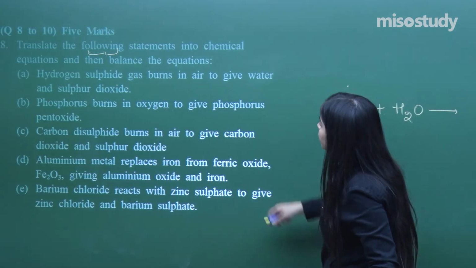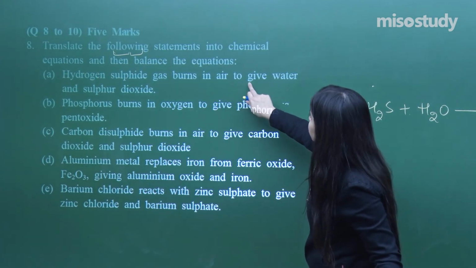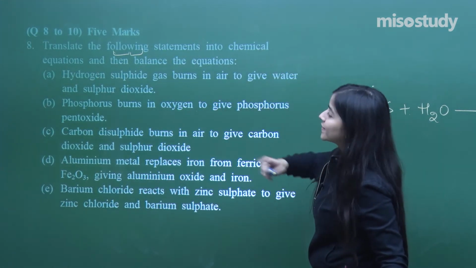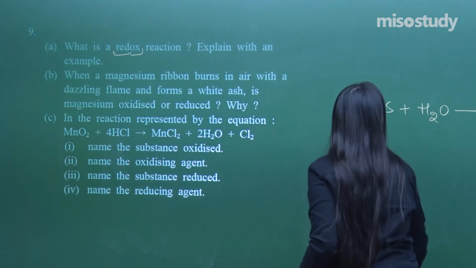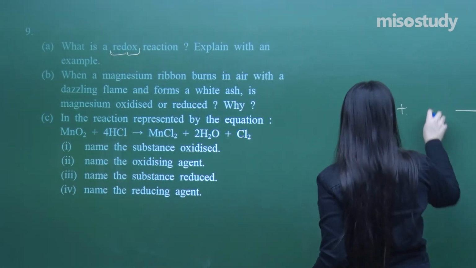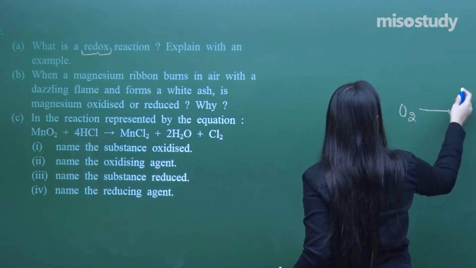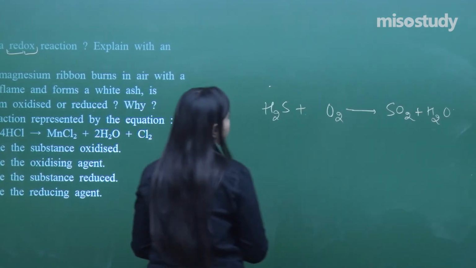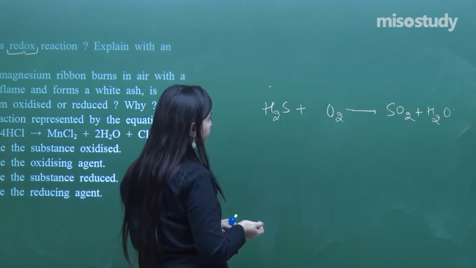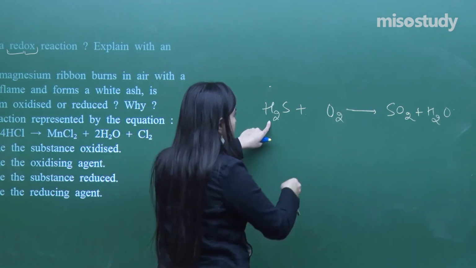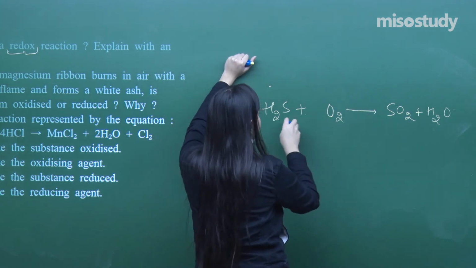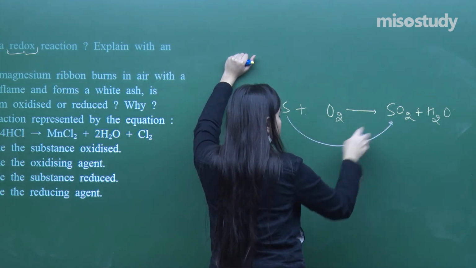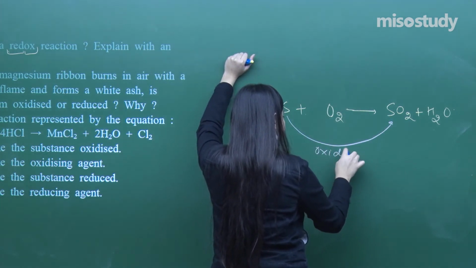Hydrogen sulfide was burning in the air to give water and sulfur dioxide. Let's take up this reaction. It was burning in the air to give sulfur dioxide and H2O. Now, what is happening? This sulfur is getting the oxygen, so it is getting oxidized.